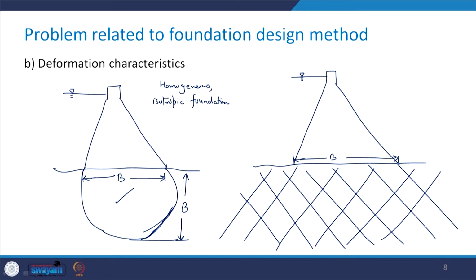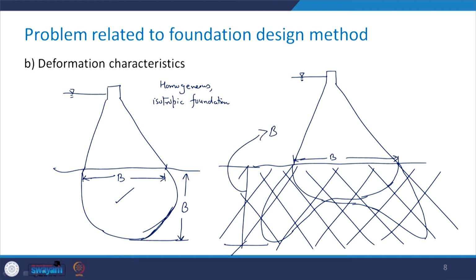The pressure bulb can be something like this, or it can be something like this, and its extent can be much larger than its width B. So, this is the situation in case you have a heterogeneous or anisotropic foundation.